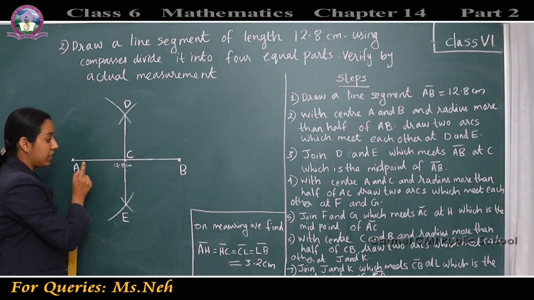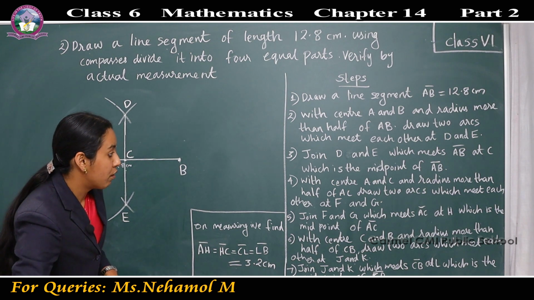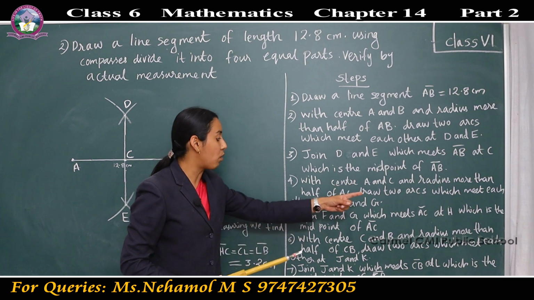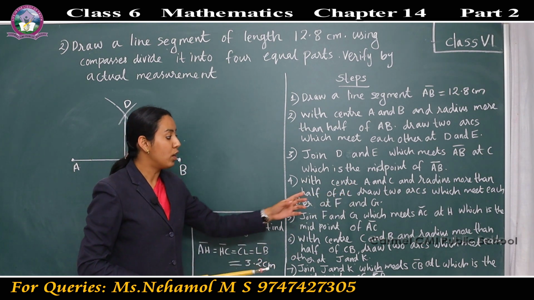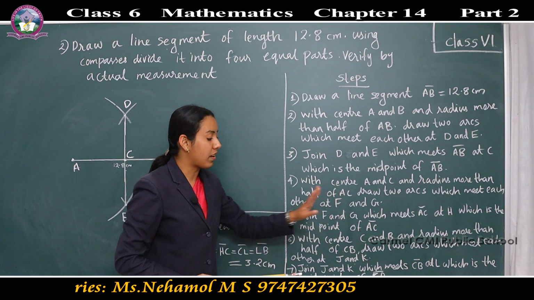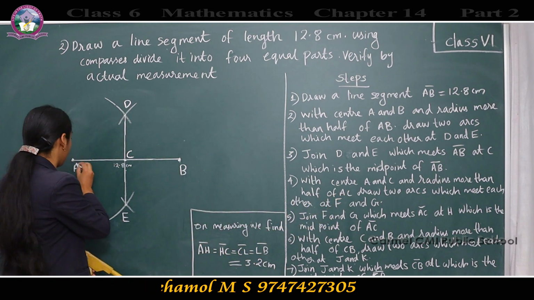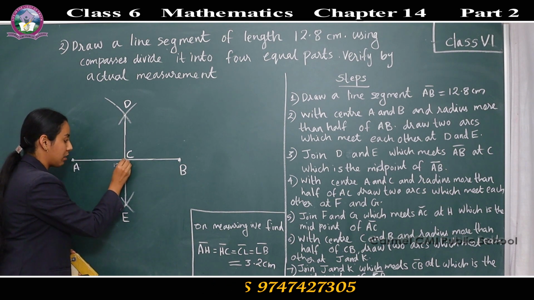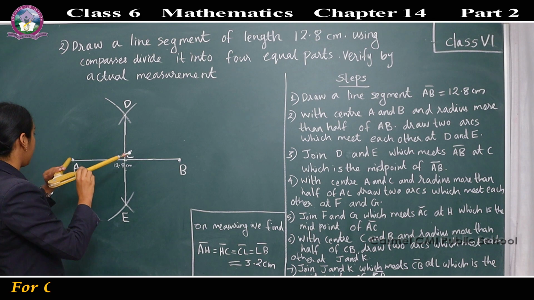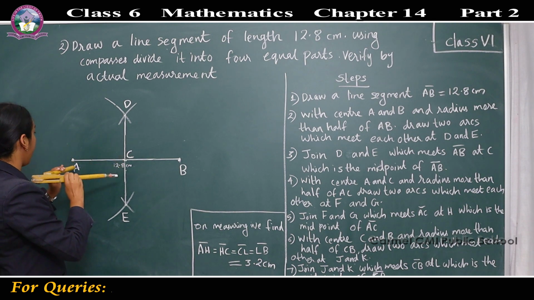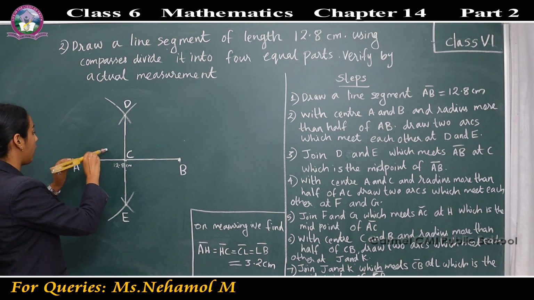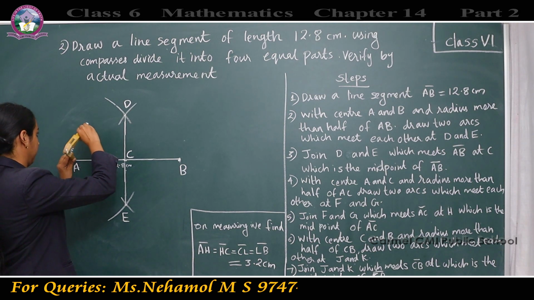With centers A and C and a radius more than half of AC, draw 2 arcs which meet each other at F and G. That means with A and C as centers and a radius more than half of AC, we have to draw arcs.